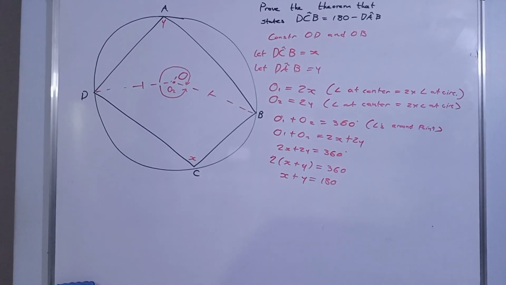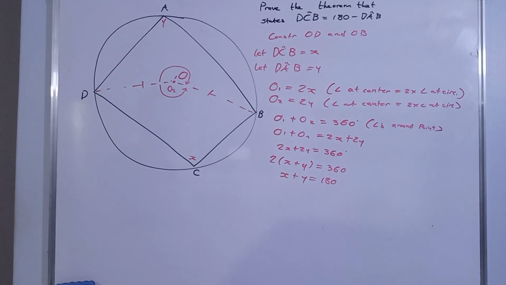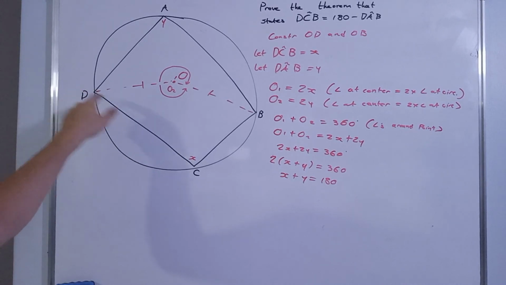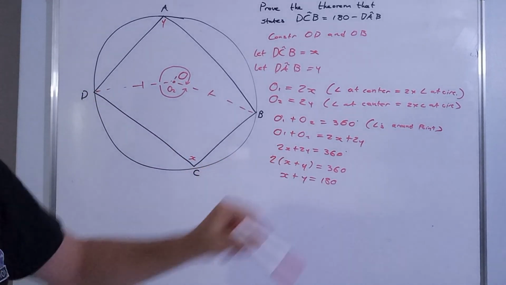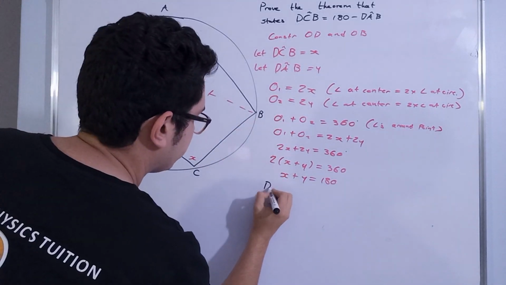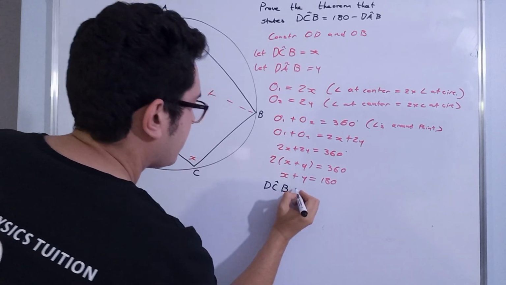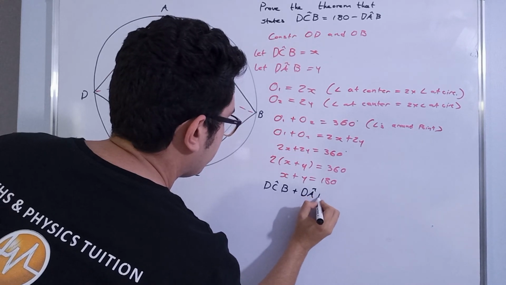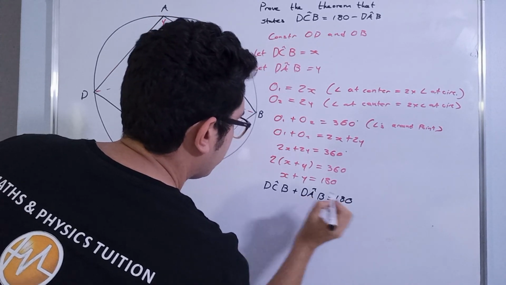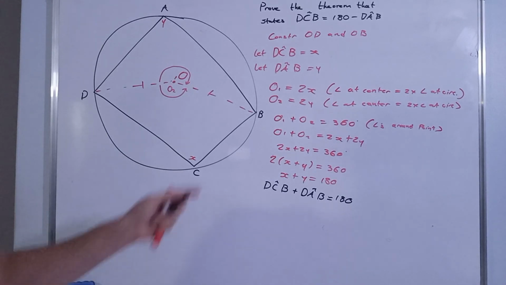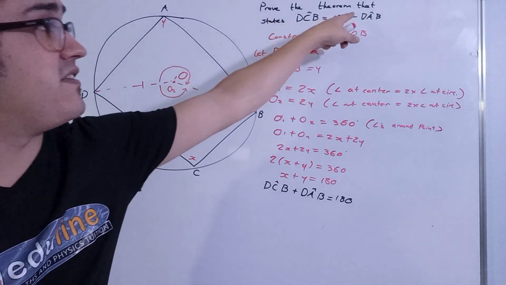As a final note for this proof, a good thing to notice here is that we initially made DAB equal to y, and we initially let DCB equal to x. So at this stage, we can actually bring those back, and instead of writing x here, we can write in DCB, and DAB. If we look at how this has been phrased initially in the instruction, we've been told to show that they're supplementary in showing that DCB is 180 minus DAB.